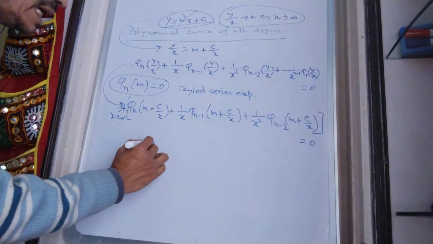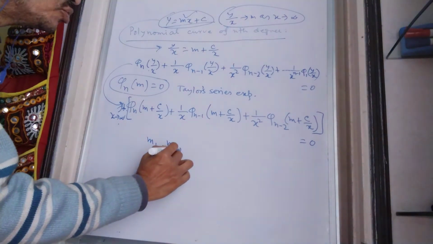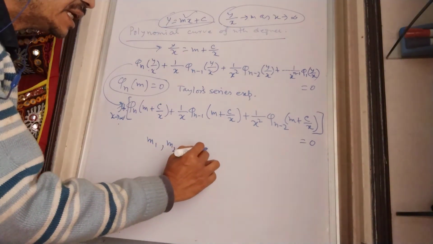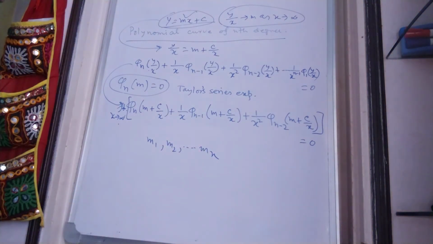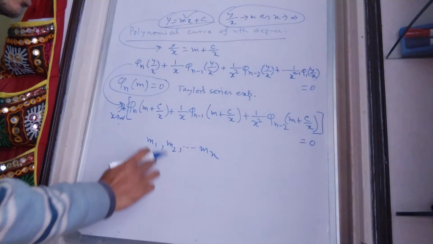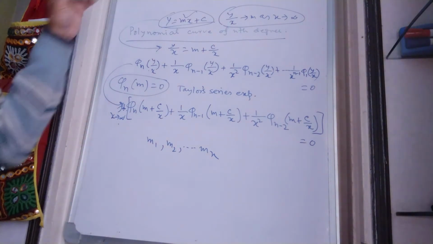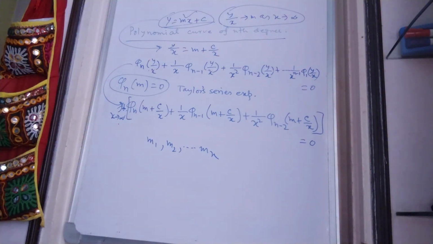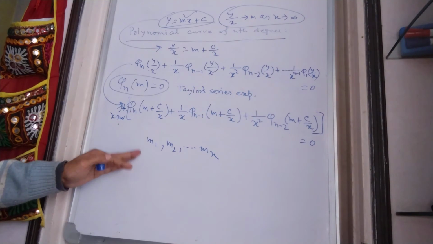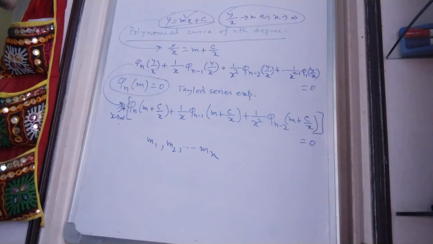This has n roots, m1, m2, dot dot dot mn. First we have said that it may so happen that all these roots are not real, then we don't have n real asymptotes or n real straight lines. But it may have at most n asymptotes for a polynomial curve of nth degree.